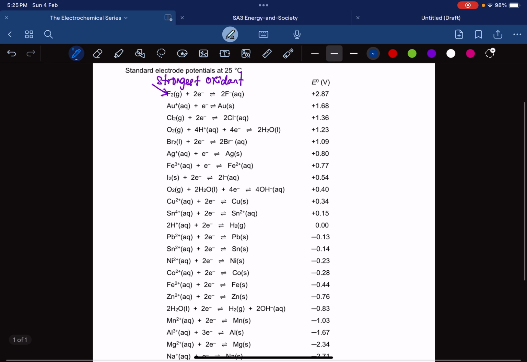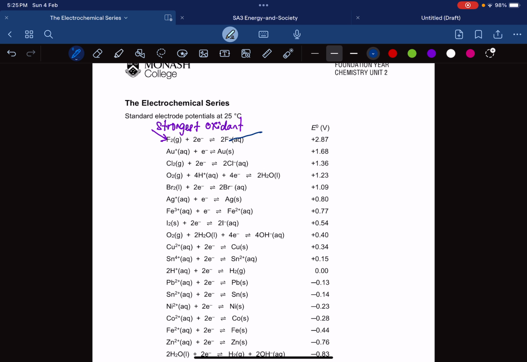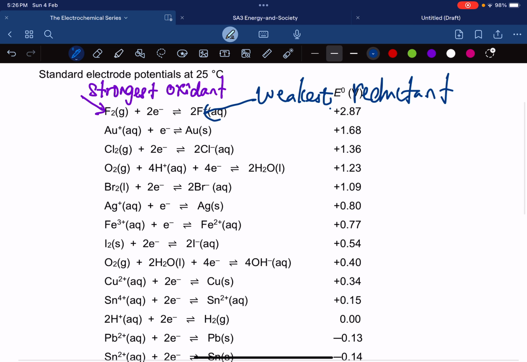So at the top here, strongest oxidant, this would be the weakest reductant. It makes sense. If I love to pick electrons up, why would my partner want to lose electrons?